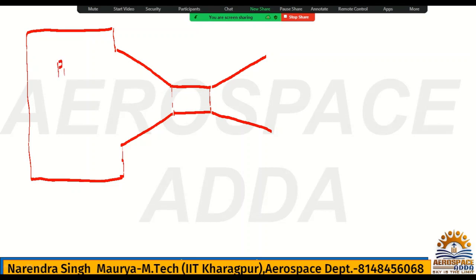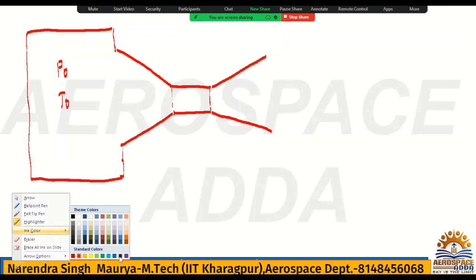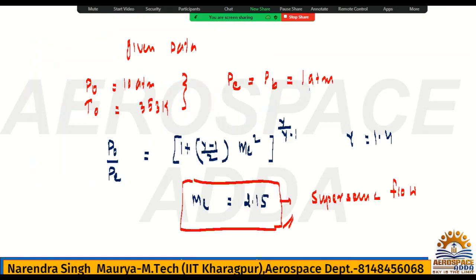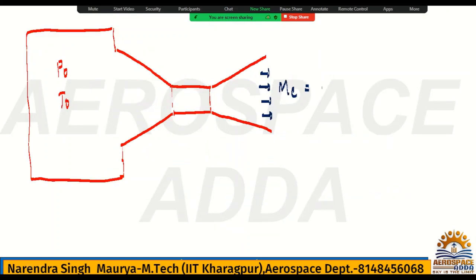P naught they have given to us, and at the exit of the nozzle, Mach is Me, which is nothing but 2.15. So obviously here Mach is less than 1, here M is greater than 1, and the exit is 2.15.